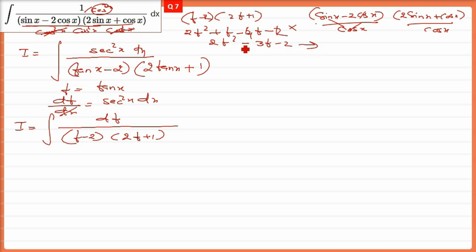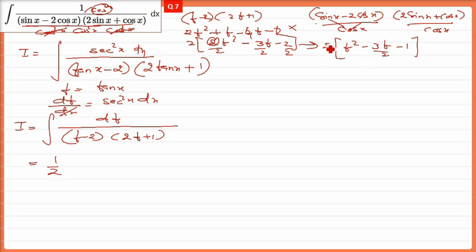Now we need to make this a perfect square. First we need to get rid of anything which is in front of the highest power, which is 2t square. So you take 2 outside. It will be t square minus 3t by 2 minus 2 by 2. If you don't have this idea, just take 2 out and divide everything inside by 2. So that is what we got. How to make it a perfect square?